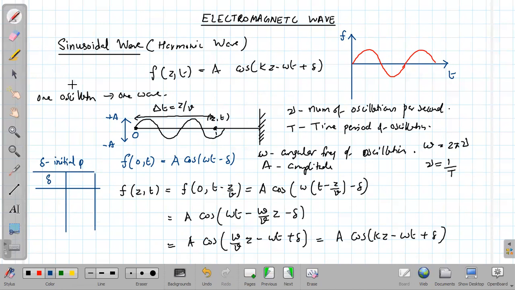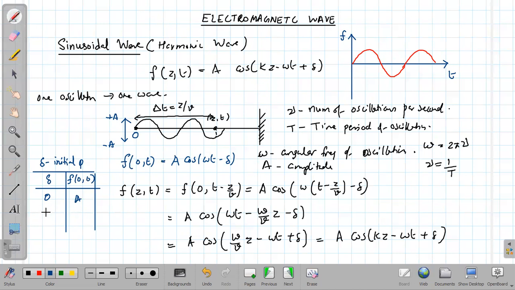Delta and f of 0, 0. So f of 0, 0 means what is the location of the string at position 0 and at time 0. So if delta is 0, if you put t equal to 0, then you'll get cos 0, that becomes plus A.